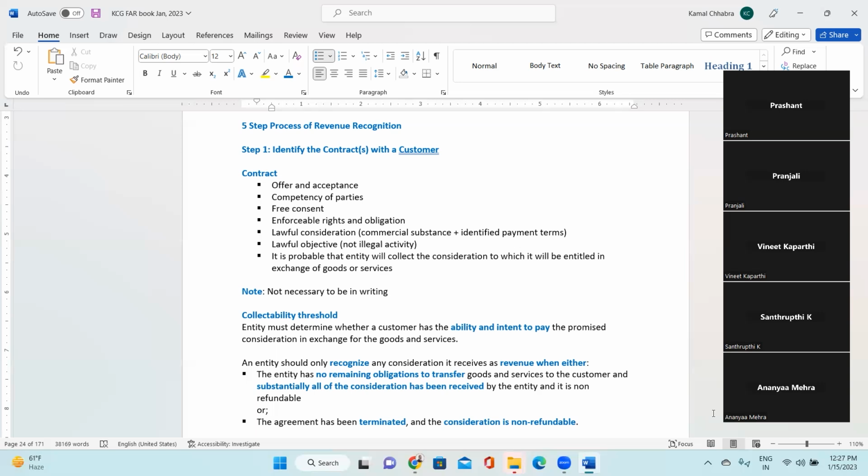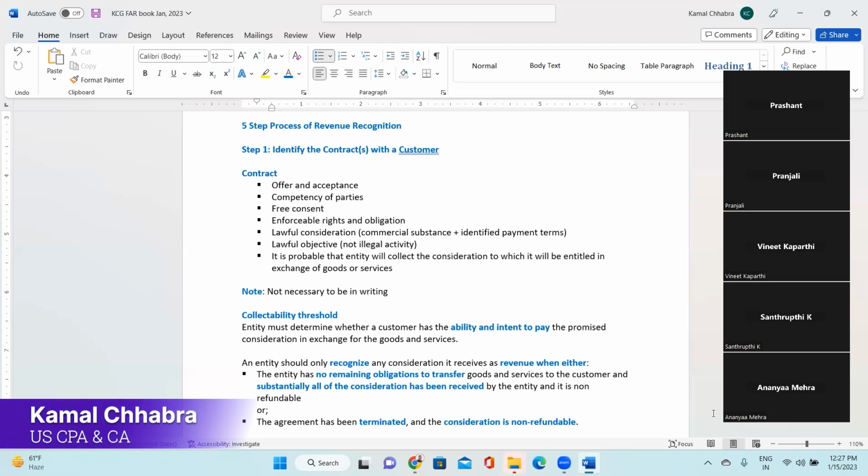Yes, we are here. So what was my question? Who will be recognizing the revenue? Someone said it's Prashant and you are asking why Prashant. But what is your view? Is it Kamal who needs to recognize the revenue, or Prashant? I would go with Prashant. But why? It's a $1 million question.